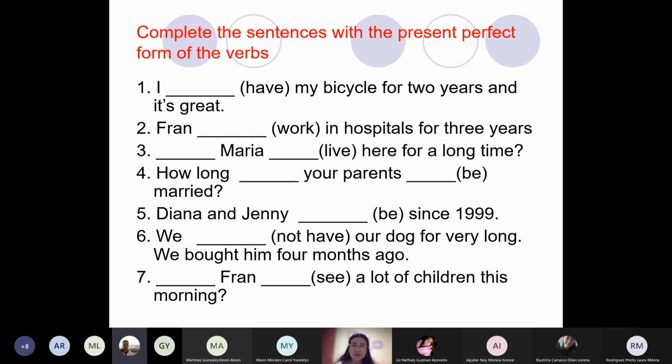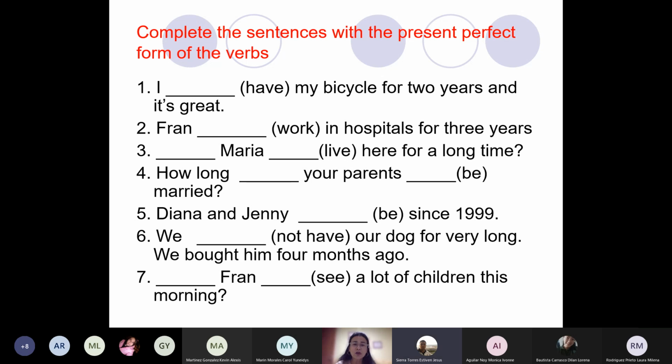How long is another interrogative form. Steven, go ahead. How long has your parents been married? Your parents is plural or singular, Steven? Singular. Your parents is singular? No. Plural.